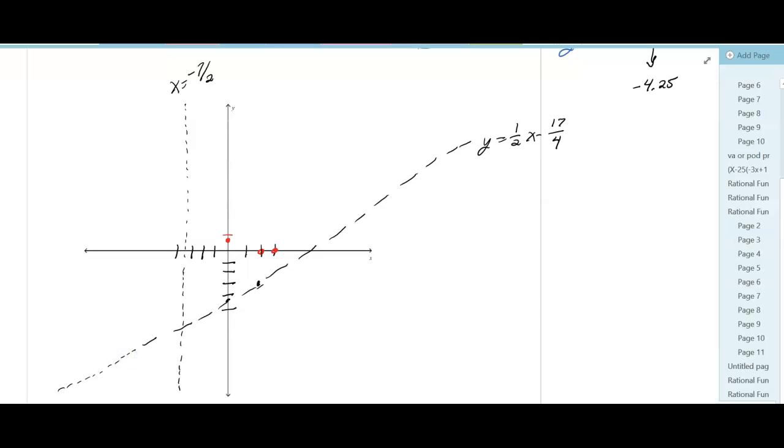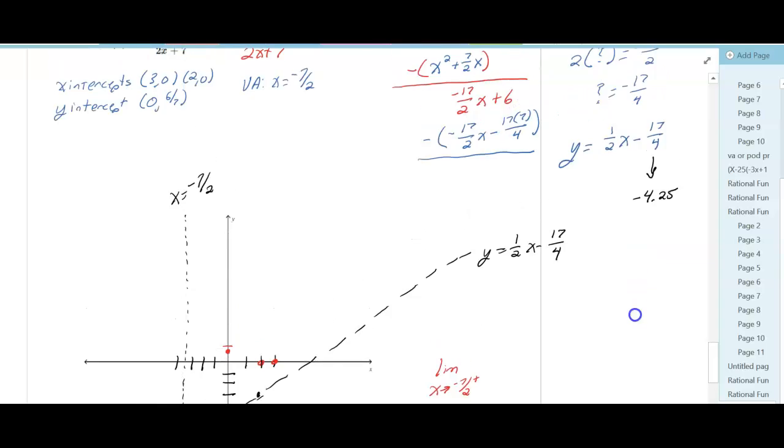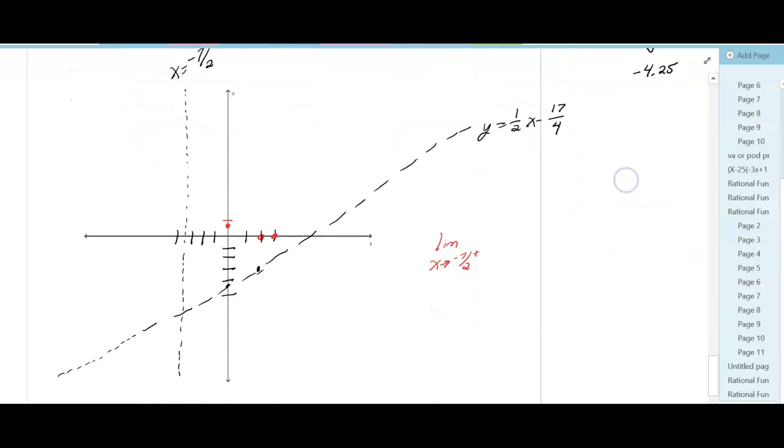So based on what we've done before, since I have to approach the asymptotes, and if you're not sure, you could do the limit as x approaches -7/2 from the right of the function. I forgot what I called the function, f of x. I'm going to write that down here.